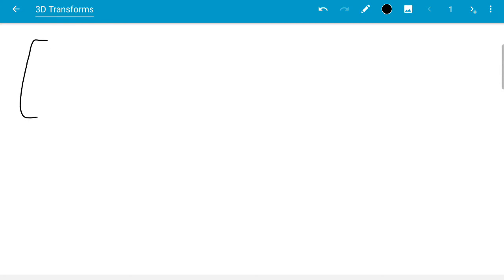Let's make this a really simple one: the identity matrix in 3 dimensions. 3 dimensions here means that I'm going to have 3 rows and 3 columns. This is a 3 by 3 matrix. And the identity matrix has 1s along the main diagonal: 1, 1, 1. So when we multiply this by something, we expect that we're going to get the same thing out. It's not going to modify anything.